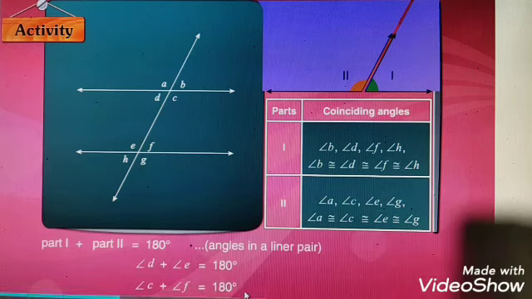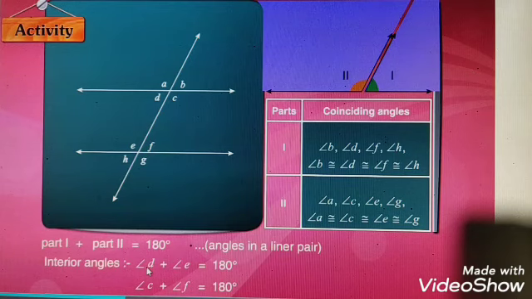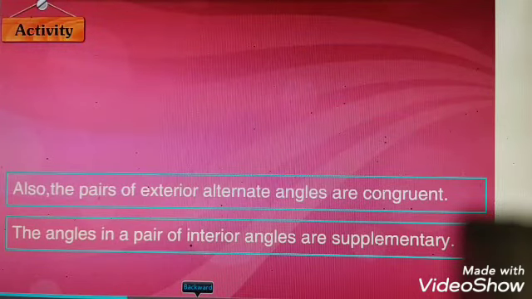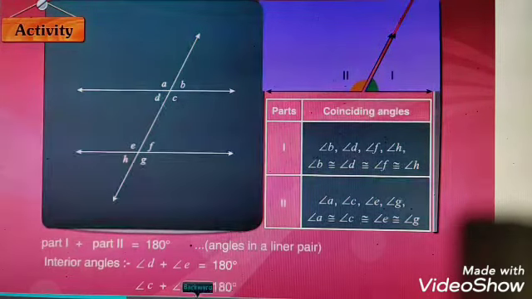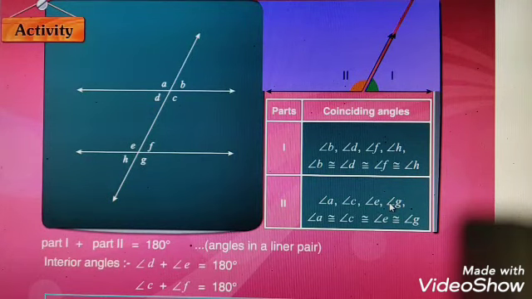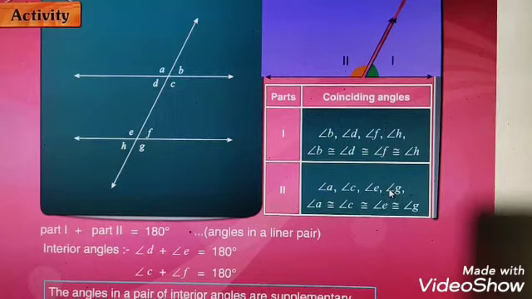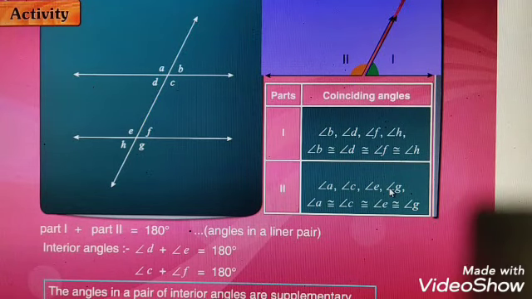As both come to 180 degrees, I can call them supplementary angles. But these are also interior angles. So we can say that the angles in a pair of interior angles are supplementary.